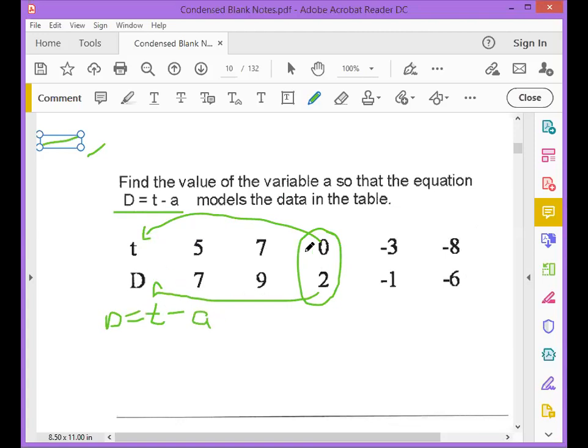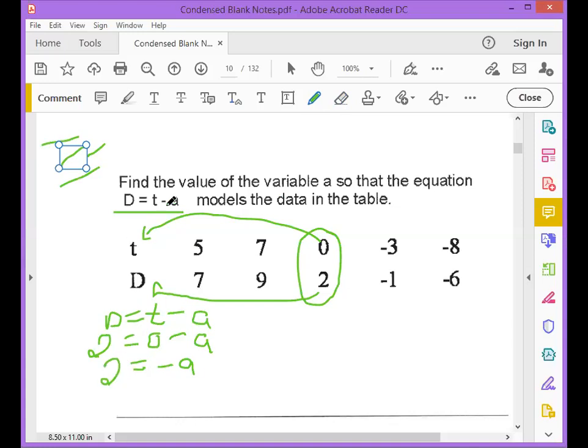We're substituting 0 for t, minus a, and we're substituting 2 for d. 0 minus a is just negative a equals 2.